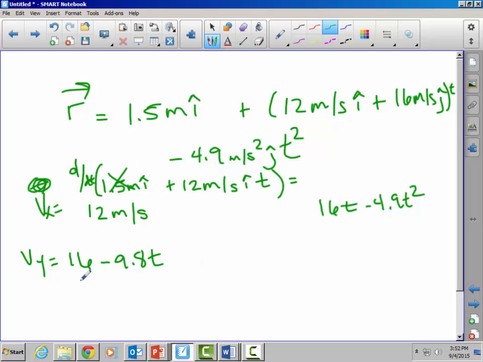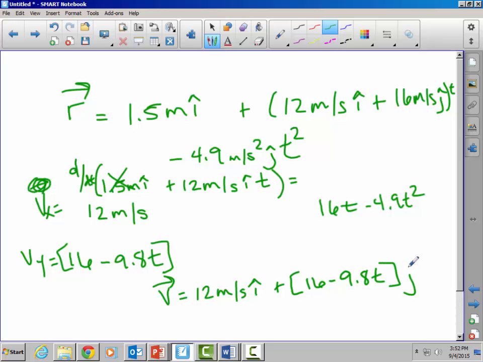Alright, so if we put these two together to make our velocity vector, we can say in the x direction it's 12 meters per second I, and then in the j direction we have all of this term. So let's draw a parentheses here. And that's our velocity vector.